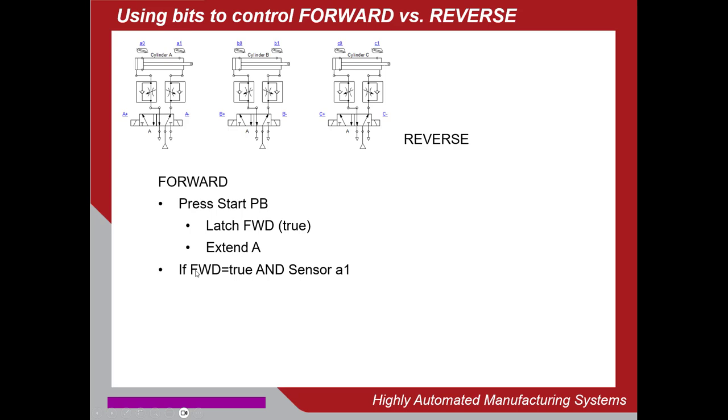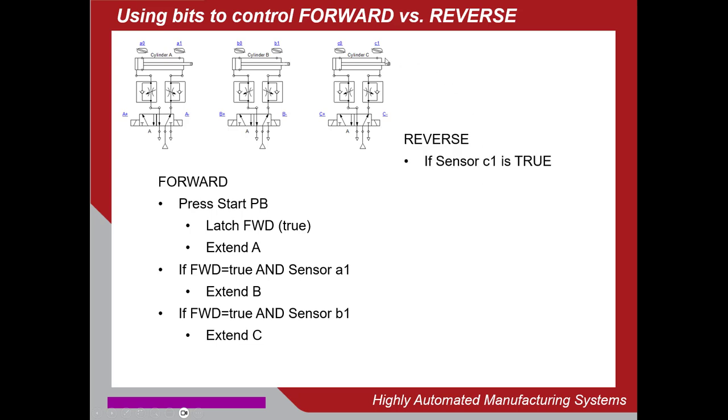So we're going to see that if forward is true and sensor A1 goes true, then we're going to extend B. Then if forward is true and sensor B1 goes true, then we're going to extend C. So once we get C extended, we're now at the end of the forward phase, and we're now going to go into the reverse phase.